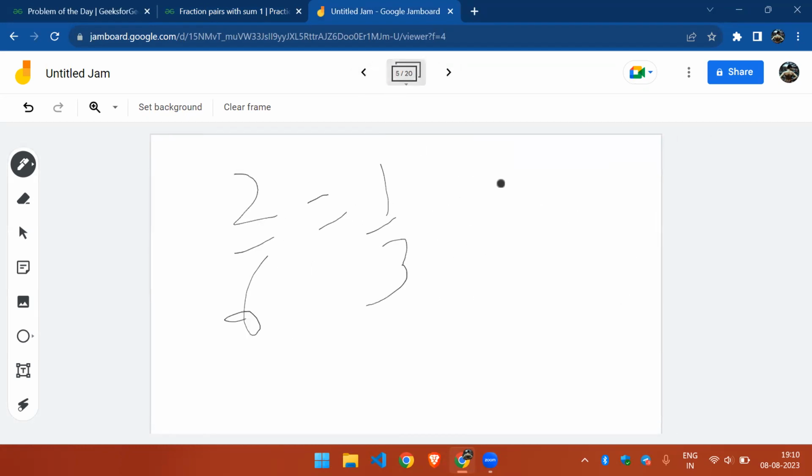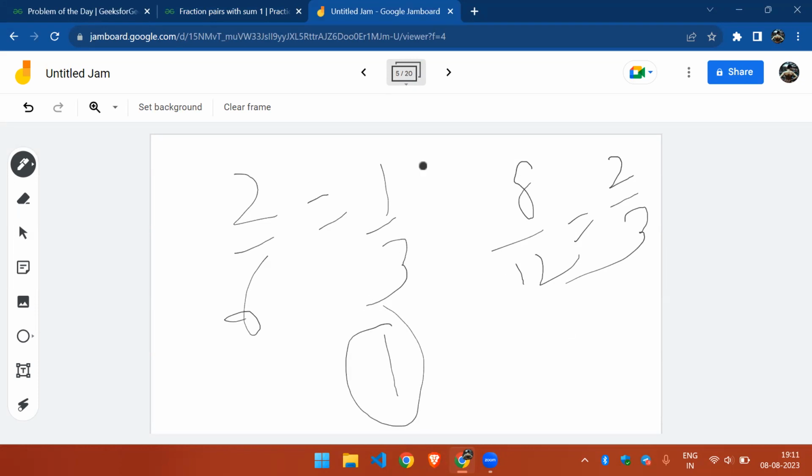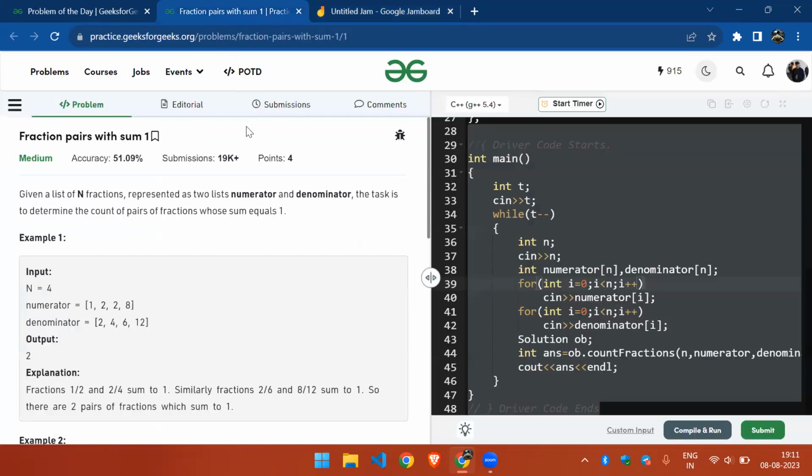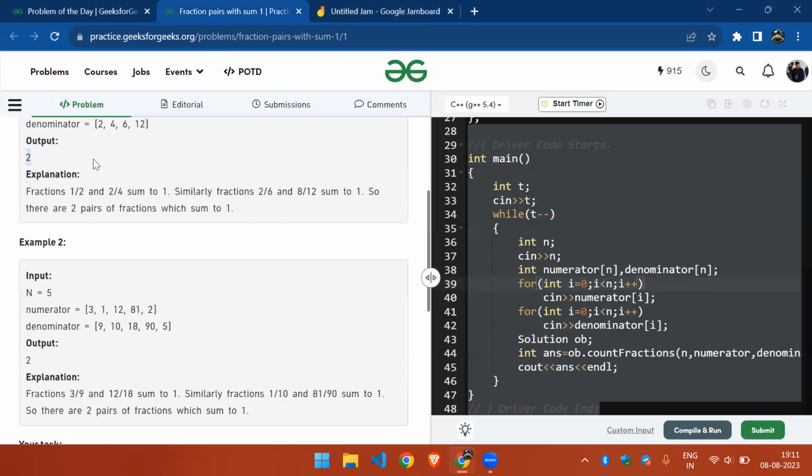And for 8 by 12, we have 2 divided by 3, right? So when we add 1 by 3 and 2 by 3, we get 1 as result. So again the sum is equal to 1, and we increment our count. In the end, our count is 2, and we return this count. So that's what the output says.